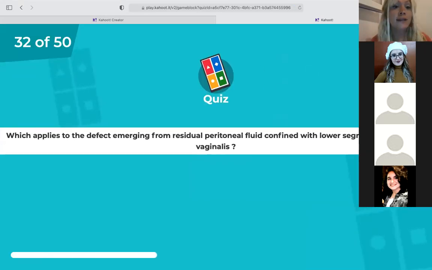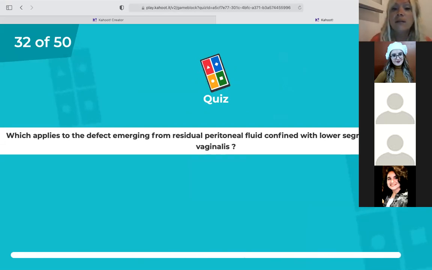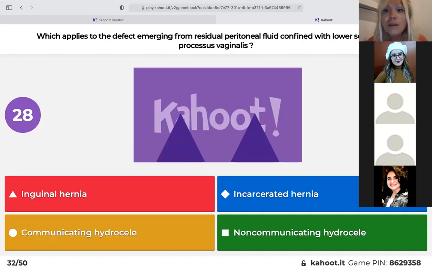Which applies to the defect resulting from residual peritoneal fluid confined within the lower segment of the processus vaginalis?